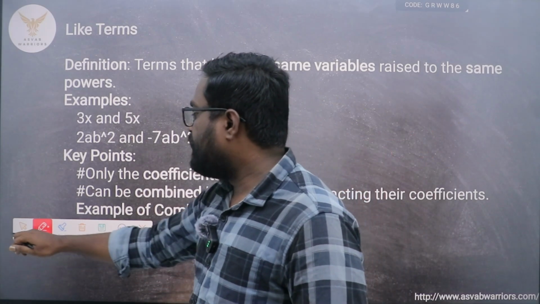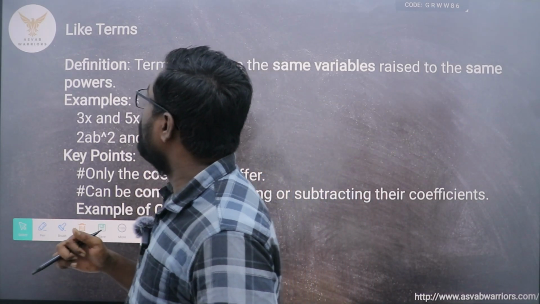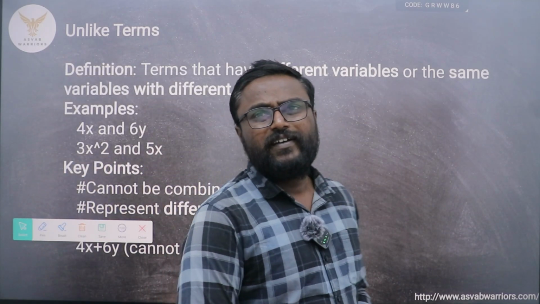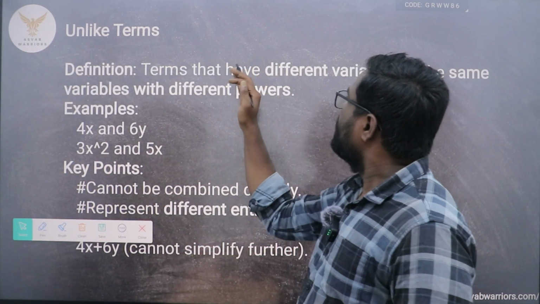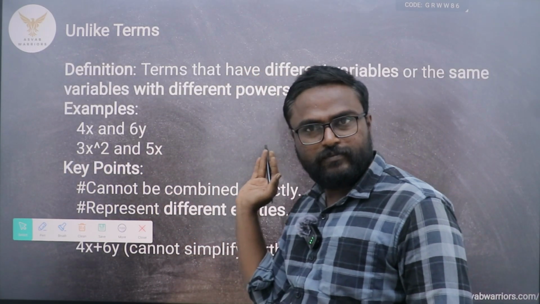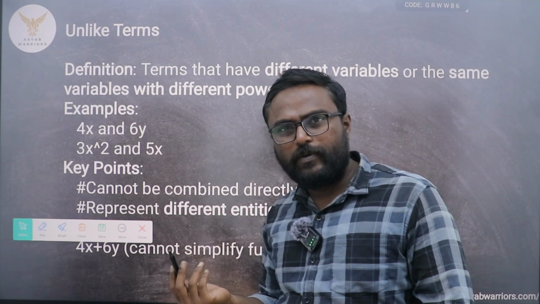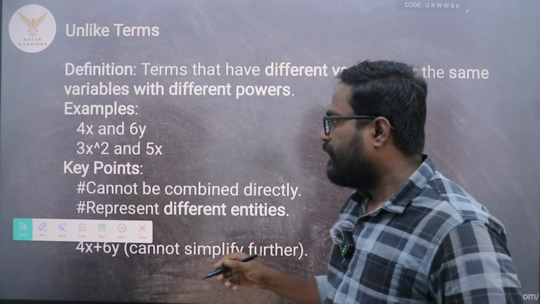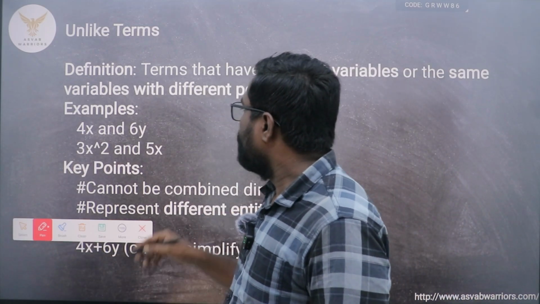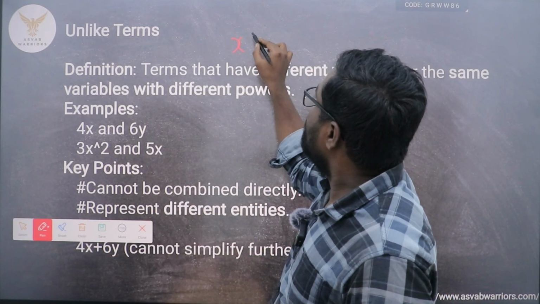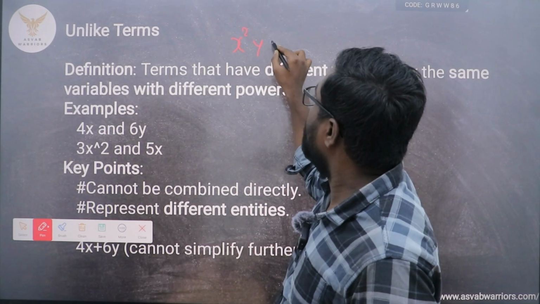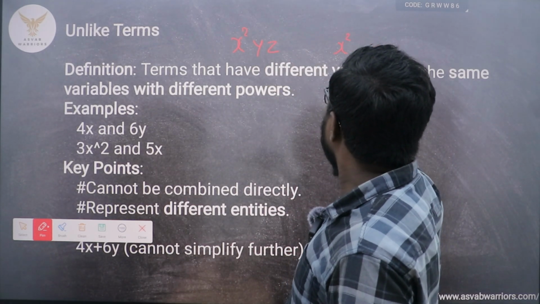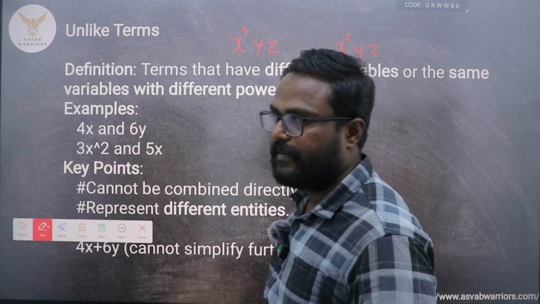Now with that knowledge, let me take you to the unlike terms. So unlike terms means what? They have different variables. Unlike terms are basically different variables or same variables with different powers. Now let me give you an example: x square y z and x y z square.